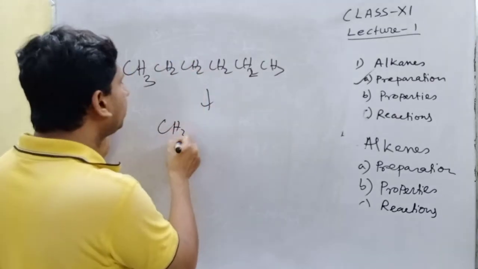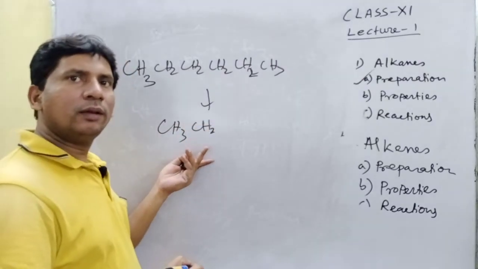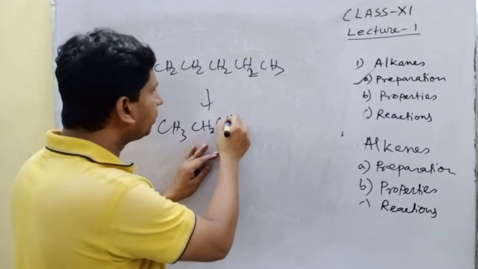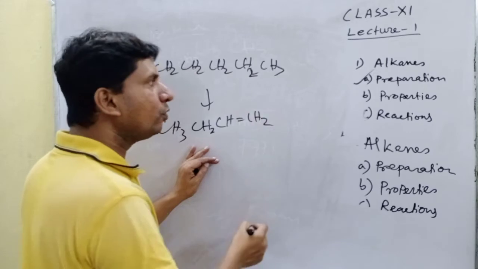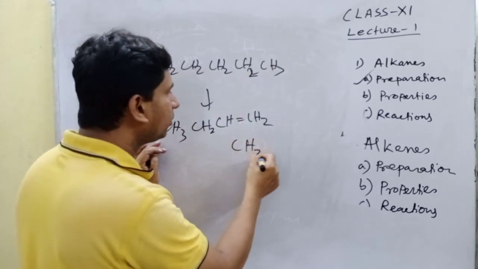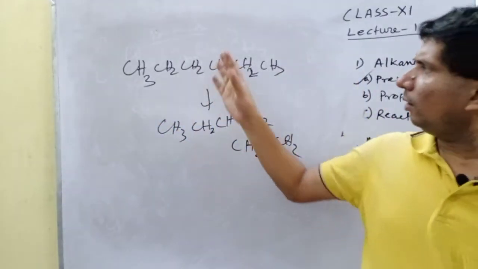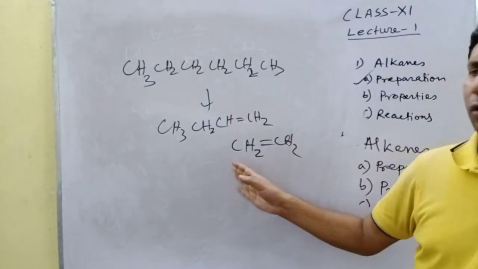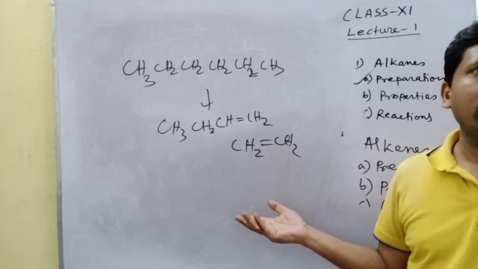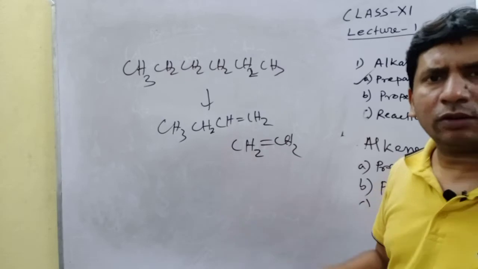Then you can get CH3, CH2, CH double bond CH2, plus CH2 double bond CH2, like this. So from the higher alkane we can get a lower alkene, or also a lower alkane, no problem.